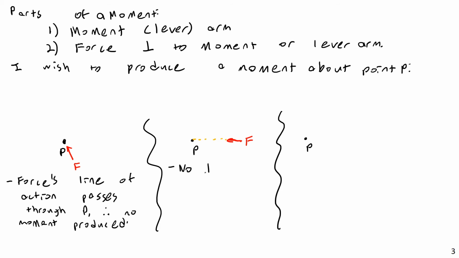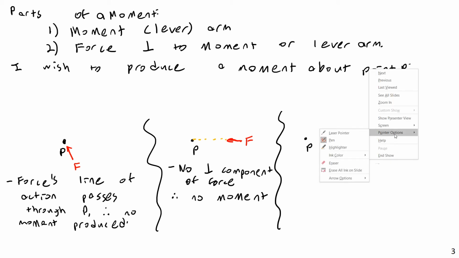So no perpendicular component of force, therefore no moment. And really, if you think about this, it's the same case as the first, because like I mentioned, we can move a force anywhere along its line of action, and applying the force directly on it or at a distance away doesn't really matter. If it's pointing directly at the point, it's still directly at the point.